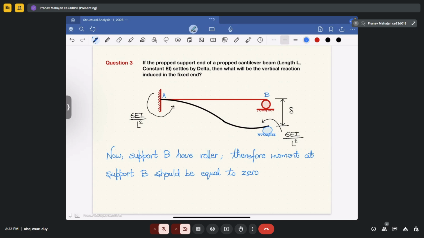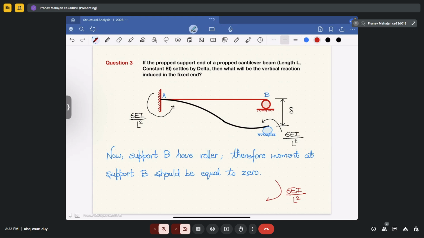That means if you have an applied anti-clockwise moment in the roller support, to counter it you need to apply a clockwise moment of the same magnitude. That means we have to apply the same moment of 6 EI by L square to make the moment at the roller support equal to 0.